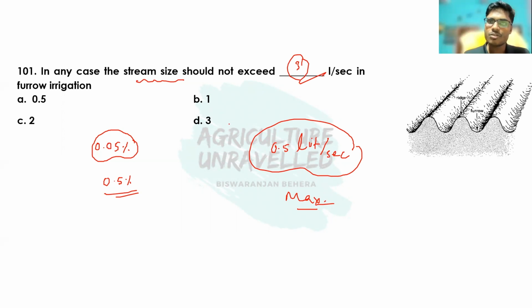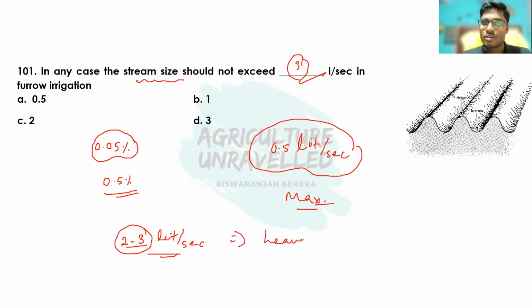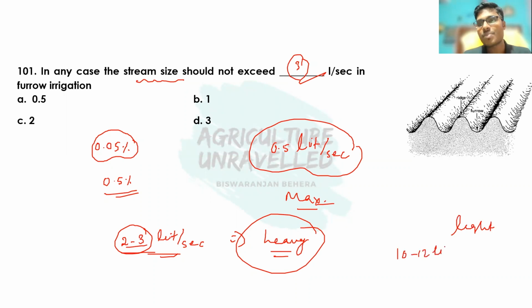But it is interesting to note that in case of border irrigation or bay irrigation, the size of the stream starts from 2 to 3 liter per second. In case of border irrigation, heavy texture soil will have a lower stream size, that we have discussed. So in heavy texture soil, the stream size is 2 to 3 liter per second. But in light texture soil, the stream size can go up to 10 to 12 liter per second.